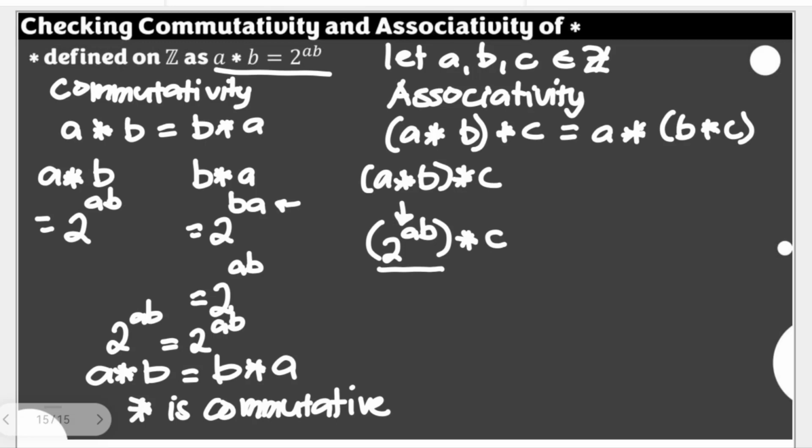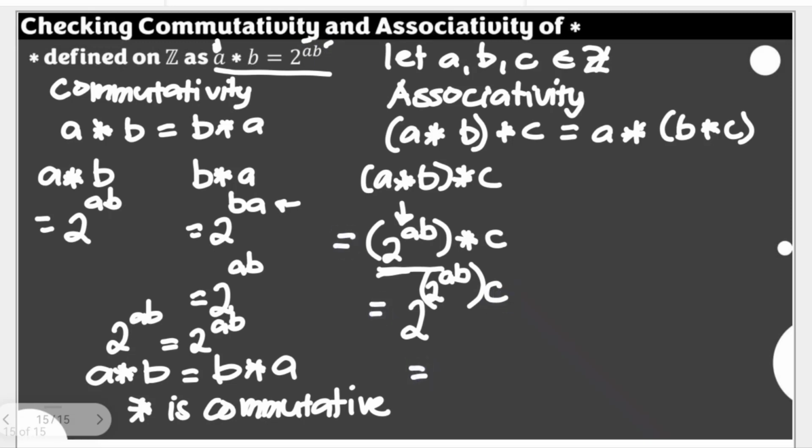That would be our new a here, and that would be the first exponent. That would mean we'll have 2, and the first exponent is 2 to the power of ab, because this is treated as one element, and this will be multiplied to our second element, which is c.